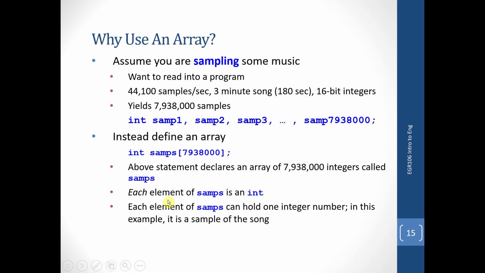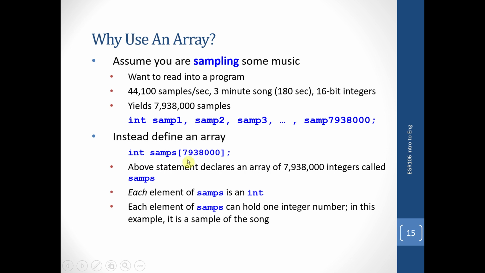Each element of the array is in and of itself an integer. So I could have samps[0], samps[1], samps[2], etc. That number would go in these brackets, and that would just be the number of the element that I'm accessing. Now you'll notice I started at 0. Just like when we talked about strings, arrays always start at the number 0.